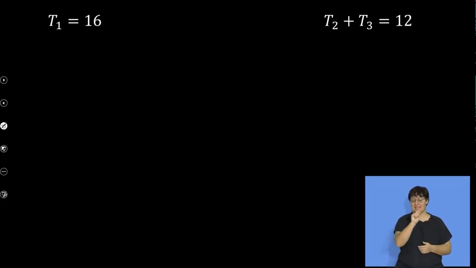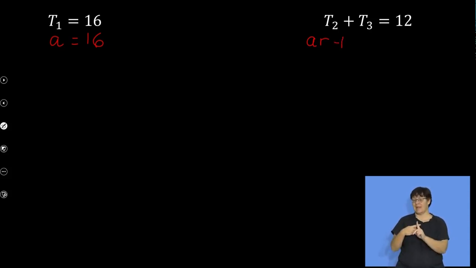So if T1 is equal to 16, I can actually write this as A is equal to 16, because I know that the first term of a geometric sequence is A. Then if I want to write term 2 plus term 3 is equal to 12, I'm going to write AR, because AR is term 2.